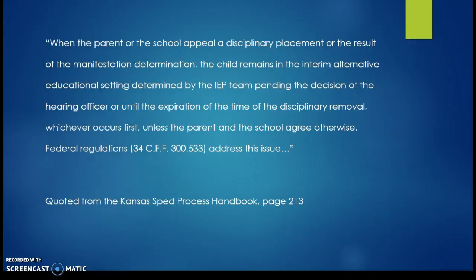So there are only 2 reasons for an expedited due process hearing. The parents disagree with something that's been done, or the school thinks it's not safe to bring the student back. In either of these cases, either party may request an expedited due process hearing.